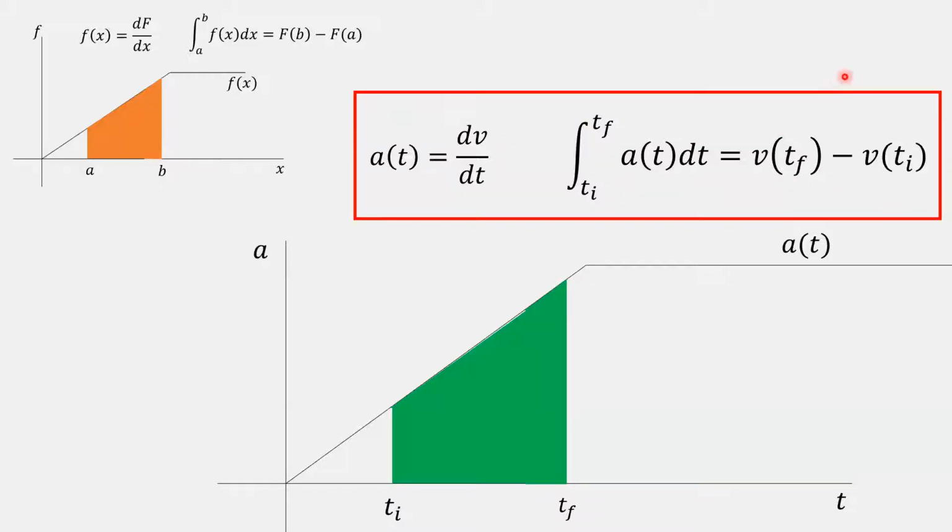Velocity at time final minus velocity at time initial. Now, this notation is a little excessive. We could have just put v sub f for v final. That's the same thing as the velocity at time final. So again, v final minus v initial, that works just as well. But in words, the area under the acceleration versus time curve equals the change in velocity.